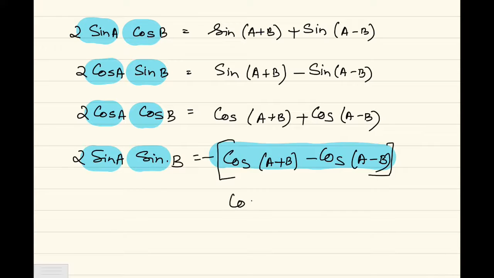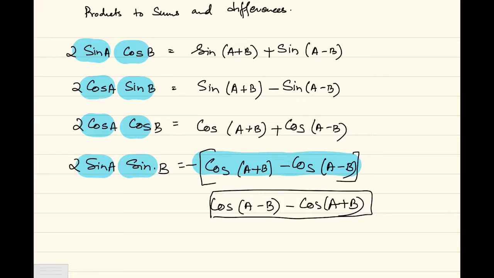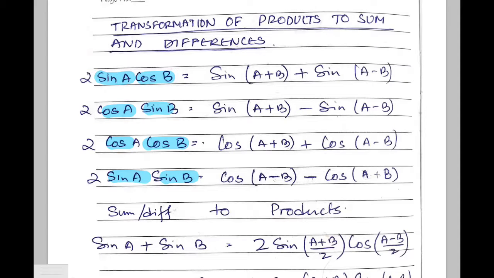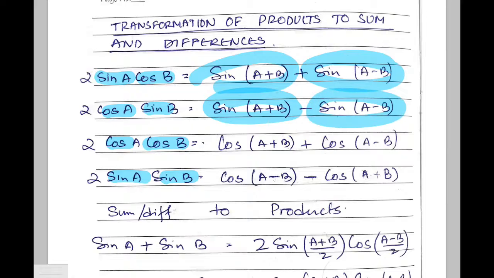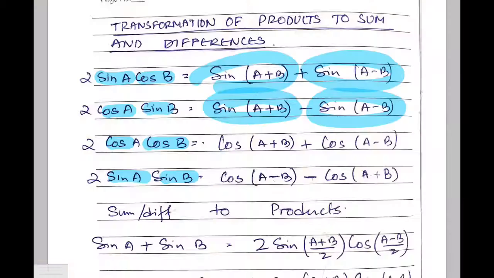You will get cos a minus b minus cos a plus b. That's the actual format in the previous formula that you have copied, but I've written in a different style. Check this out. So isn't this the formula? Sine a plus b, sine a minus b, sine a plus b minus sine a minus b. Check this out. A plus b, a minus b, a plus b minus a minus b. That's correct.